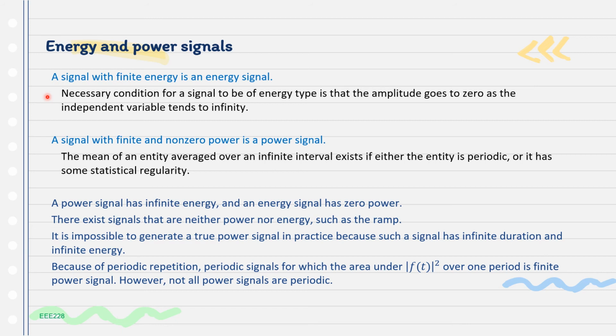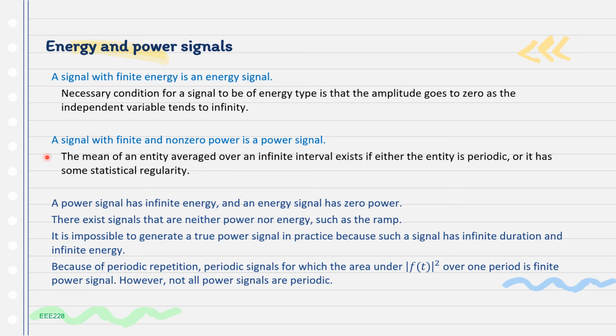So if we cannot measure the energy, so we find that the energy is infinite, then we measure it using the power formula. We try to find the power. A signal with finite and non-zero power is a power signal.